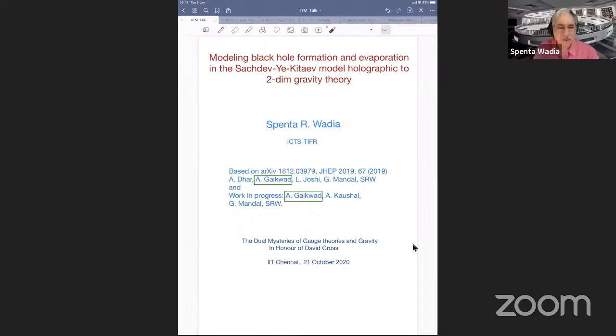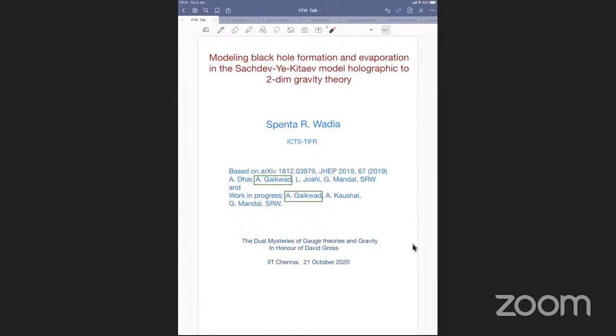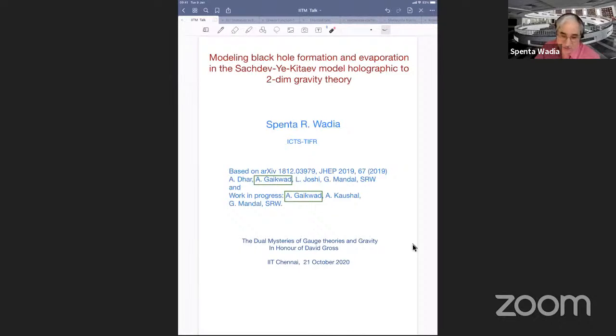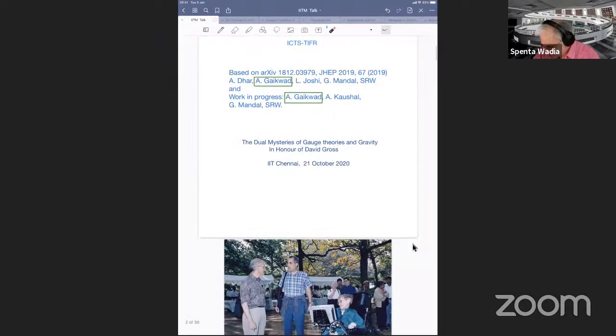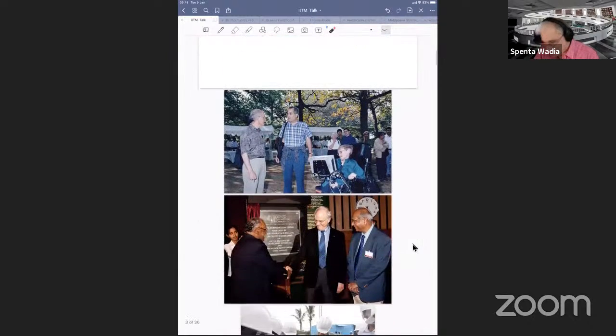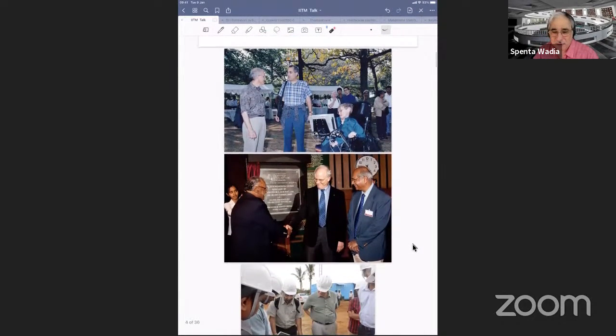Okay, thank you so much for this kind invitation. It's an honor to talk in a meeting which is organized to honor David Gross. Before I begin my talk, I just wanted to recount a few memories.